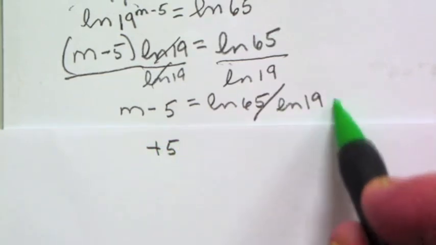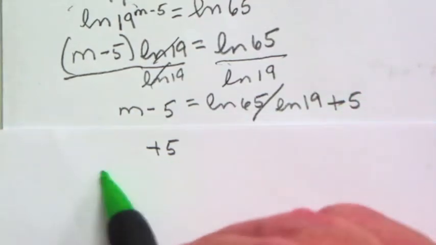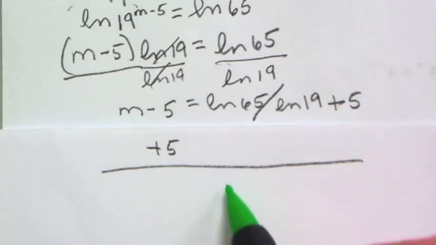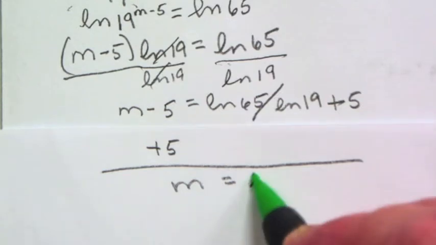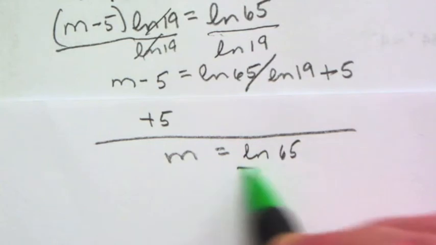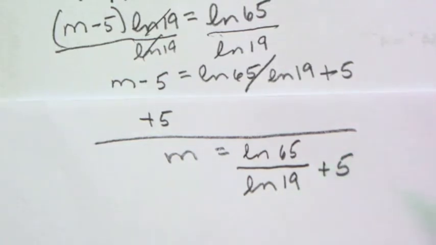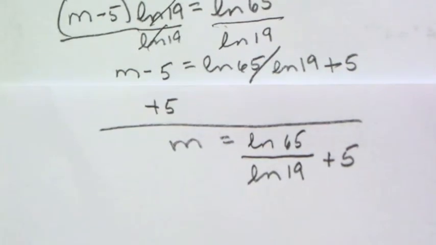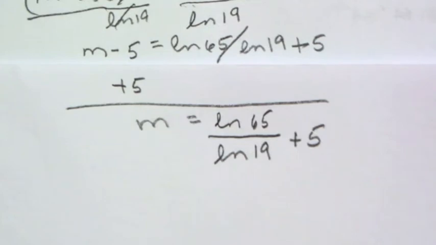Then I end up with m by itself, and I have the natural log of 65 divided by the natural log of 19 plus 5. All right, now if they ask me for an exact answer, I would be finished. That would be my exact answer.